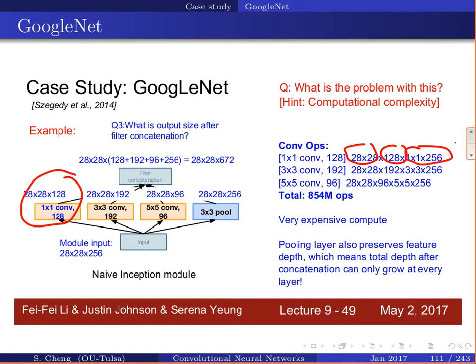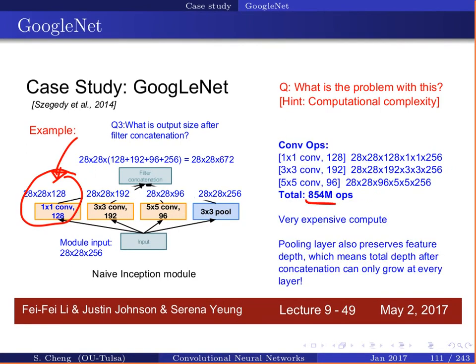So the total number of operations is just the product of all this. That's for this part, and for this part similarly, we have 28 by 28 by 192 by 3 by 3 by 256. If you add all this together, it's about 54 million operations.